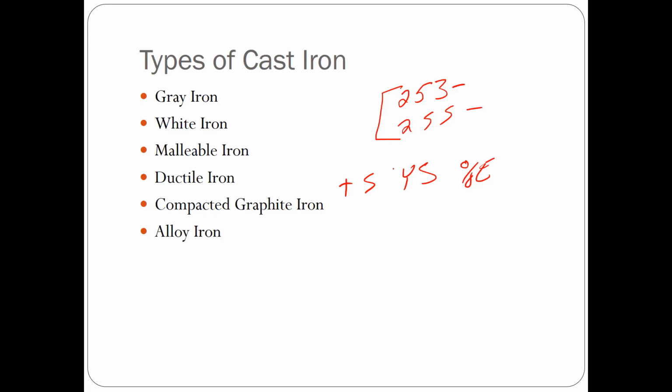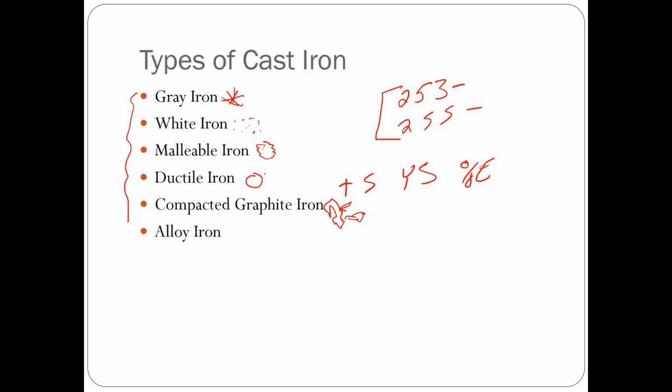What is the difference between the different types of cast irons here? Remember, we talked about the carbon groupings. Here we have graphite flakes. Here we have distribution of carbides. Here we have the little fuzzy cotton ball looking things. Ductile iron, we have spheres. Compacted graphite, we have the weird shapes of the carbon groupings.